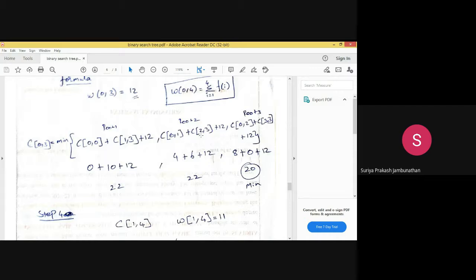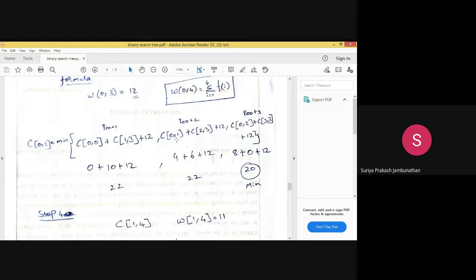When you are going for the second position, here we are having C of 0 comma 1 plus C of 2 comma 3 plus 12. So here what we are identifying, i value is 0, j value is k minus 1 is 1, and here k value is 2 and j value is 3.